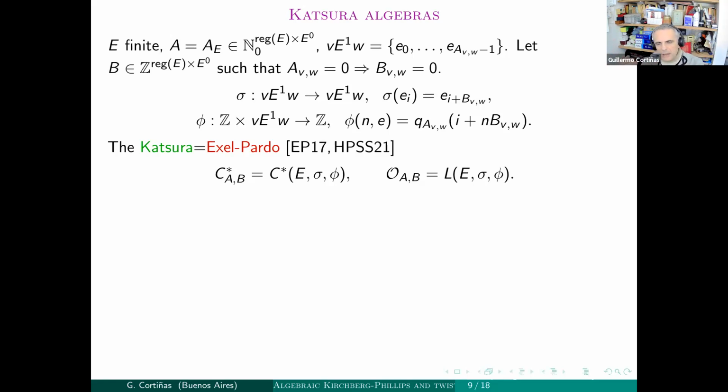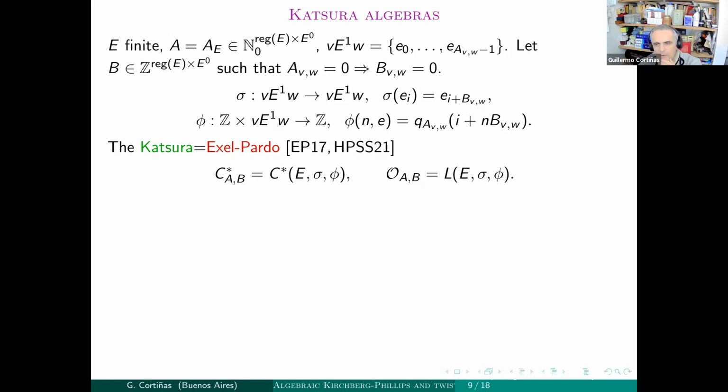The same generators and relations, if you do not complete and consider them over a field L, not necessarily the complex numbers, give you an algebra which I call O_{A,B}, which they also consider.